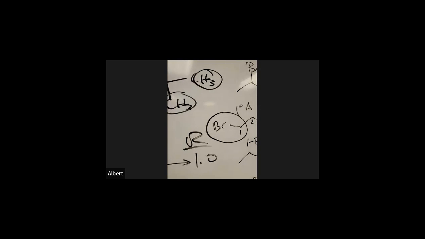Following? I number from here because at that carbon I actually have a branch right on the carbon. So it's 1-bromo, 3-methyl butane.